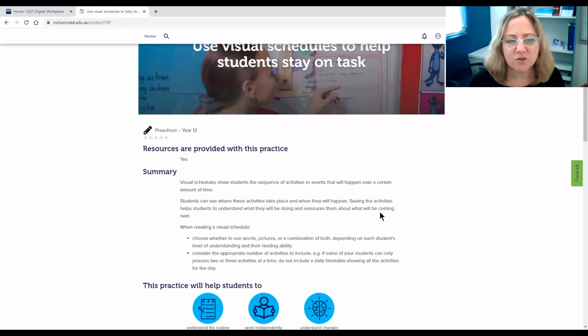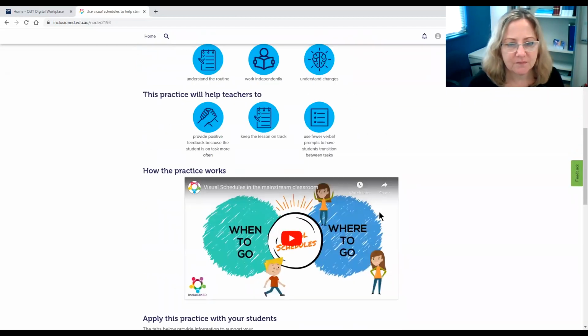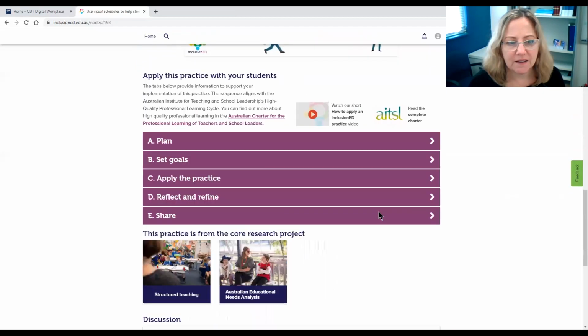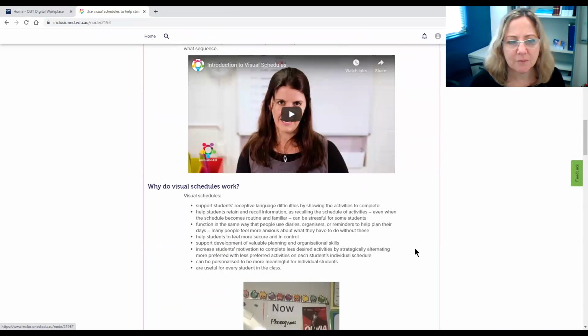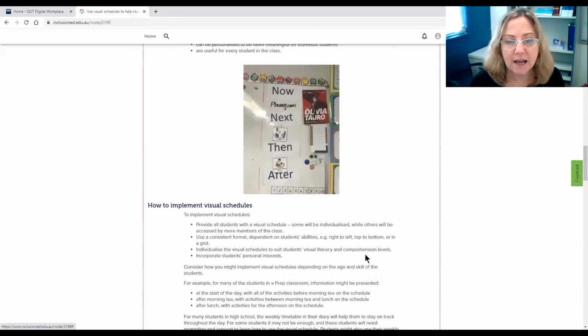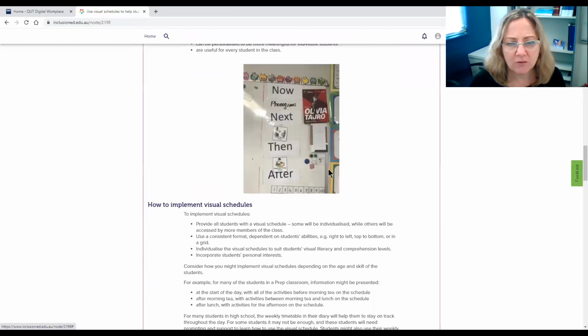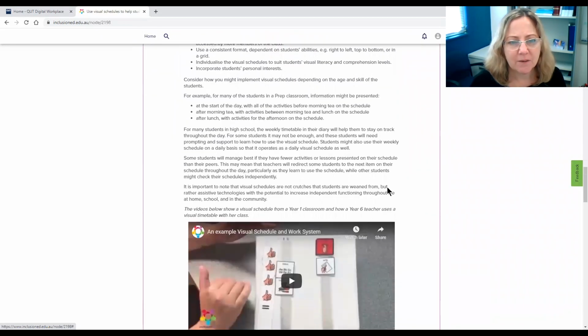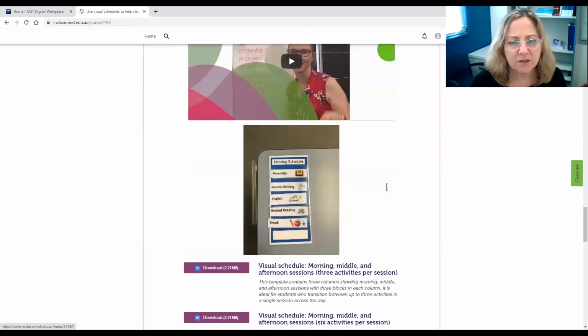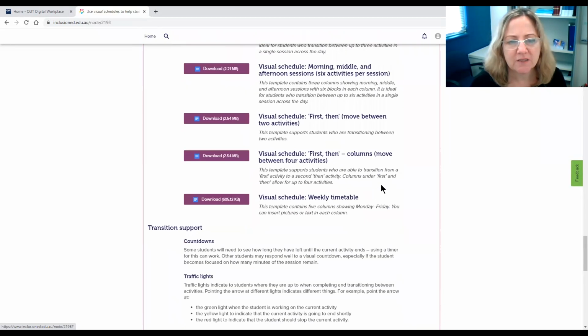So opening up visual schedules, underneath plan, let's have a look, and we've got some resources here. We've got examples of resources of how they're used in real classrooms and information. So really to support you, to give you every piece of information that will help you.